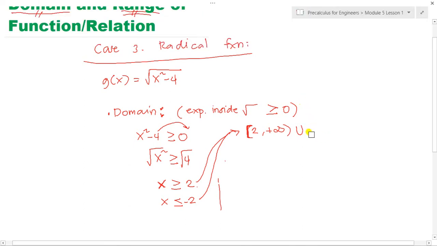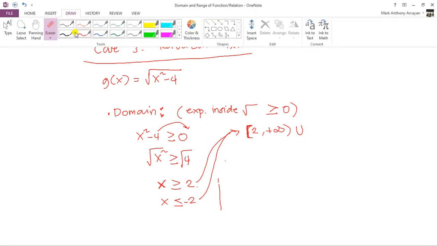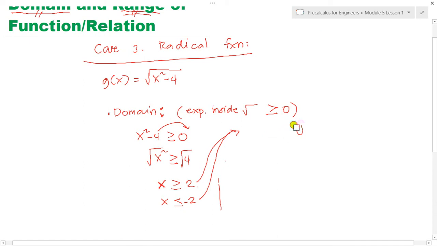Mag-una ginang negative infinity. Una gid ang negative. So, therefore, mag-una ta sa ikaduha. Let's say, we have here negative infinity, padong ni negative 2. So, since included si negative 2, put here brace, then union of here positive 2 hanggang positive infinity.